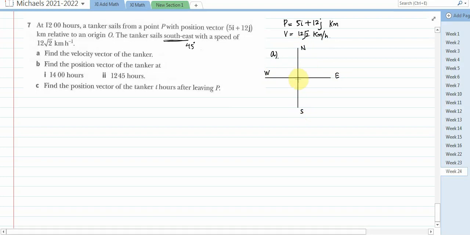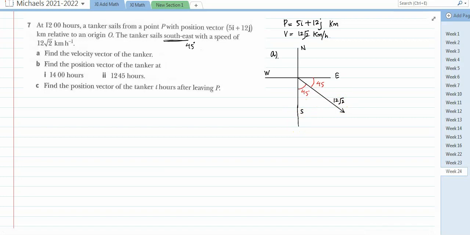Southeast means that the direction is this one. Southeast basically divides the angle into two parts, 45 and 45. The velocity we have is 12 root 2, that means your hypotenuse is 12 under root 2. Alright. Now you need to find the components.